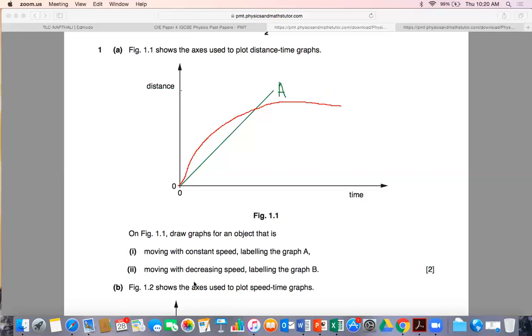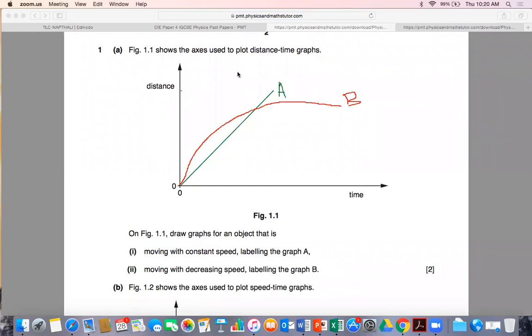Okay, so that is B, correct? Nicholas, you have to label the graph B. Okay, so that is graph A and B.